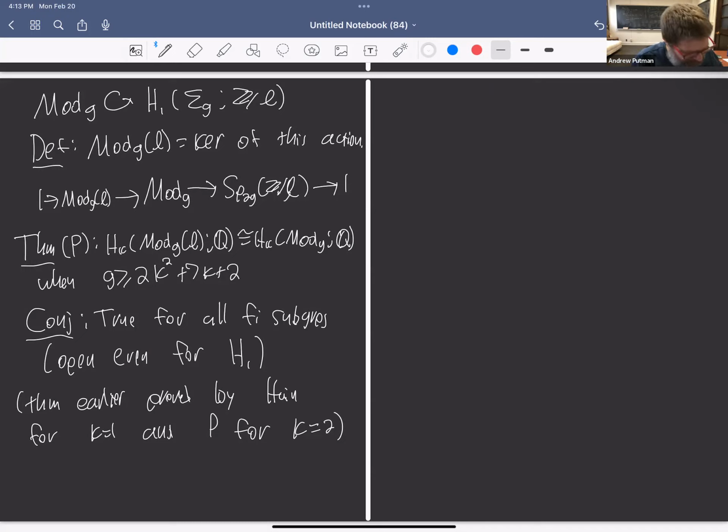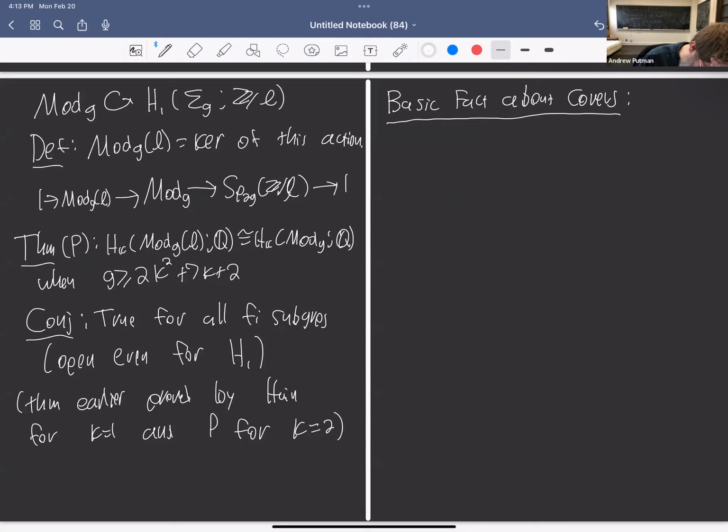I want to tell you first a basic fact about covers. This is something that you could easily teach in an undergraduate course in algebraic topology. If you told people about H1, you could prove the version of this for H1. So what does it say?